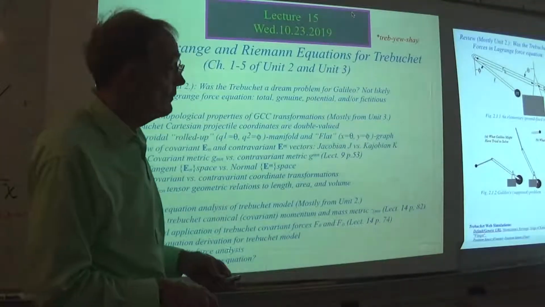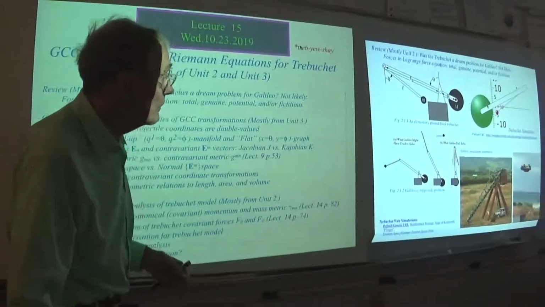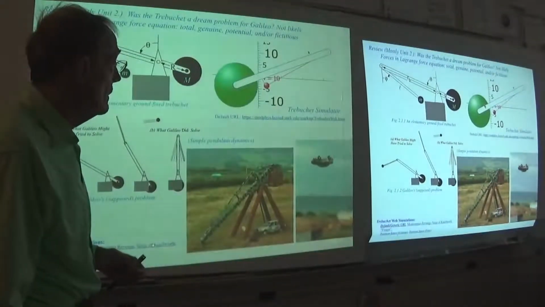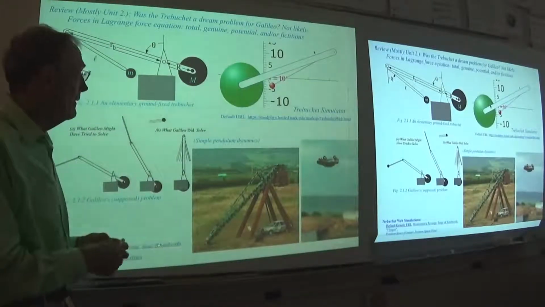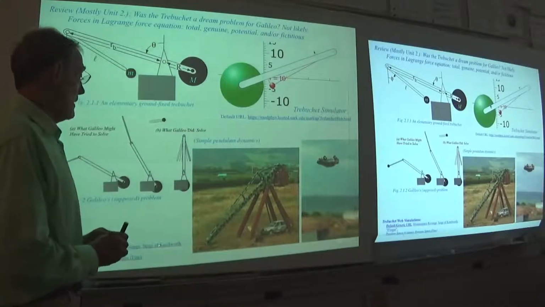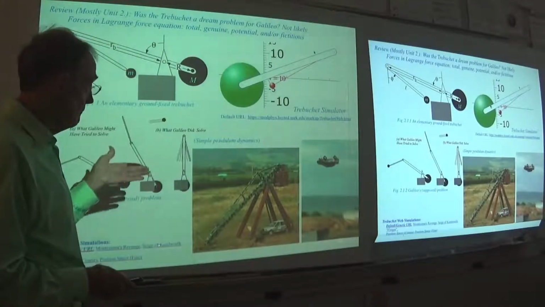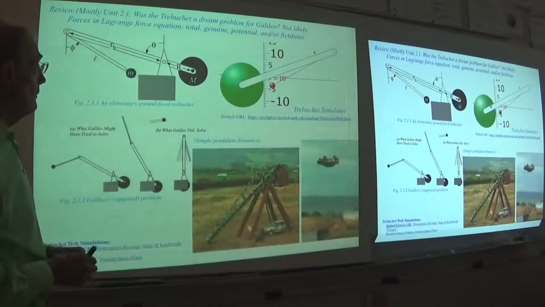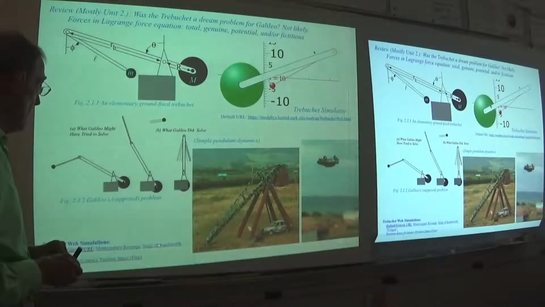Okay, let's remember what it is that we're talking about here. As I said, the basic idea of this, sort of making this into a physics fairy tale, is, could Galileo have come and told the war makers, or whoever they were that had the trebuchet, how to make a better one?